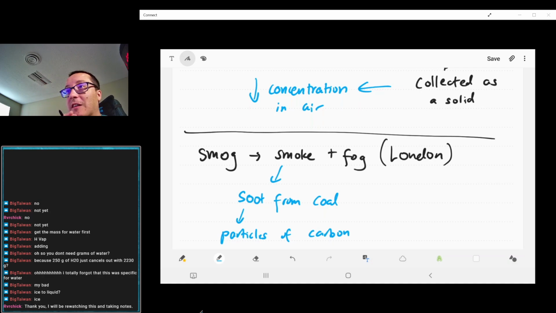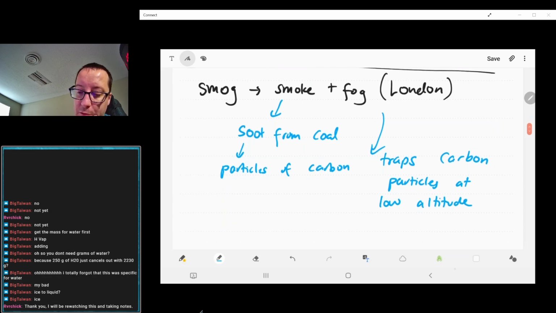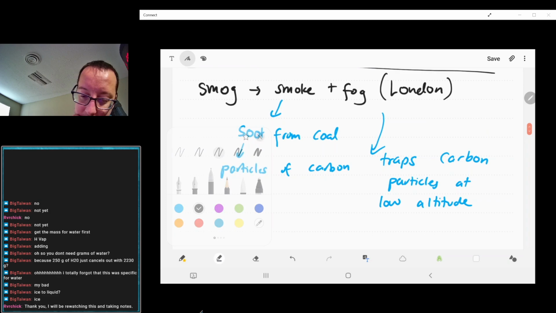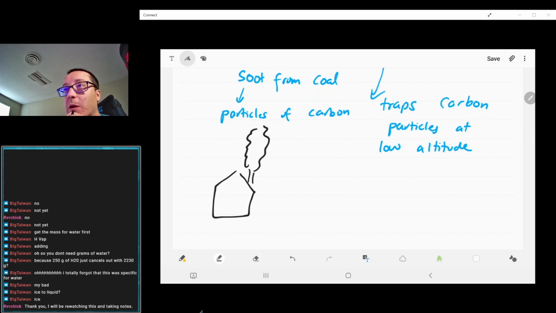But when fog is involved, it traps the carbon particles at low altitude. So normally, if you think about smoke, it goes up and off it goes and it's out of the way.